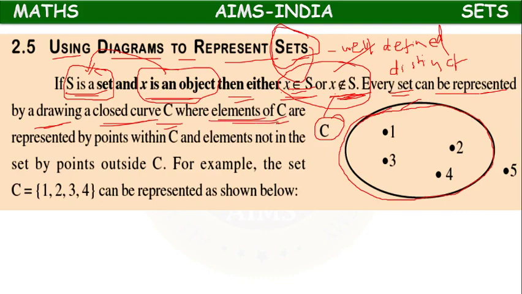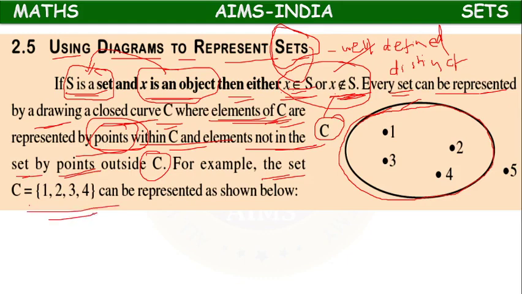The elements of C, meaning the elements of the set, are represented by points within C. Elements not in the set are represented by points outside C. For example, the set C = {1, 2, 3, 4} can be represented as shown here.